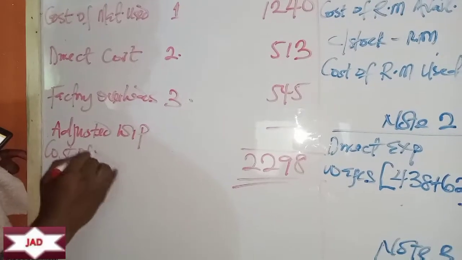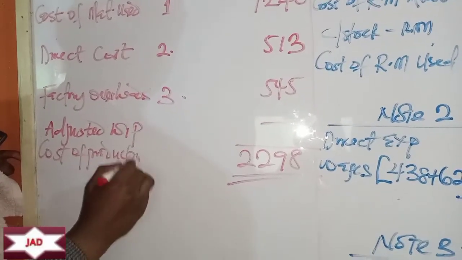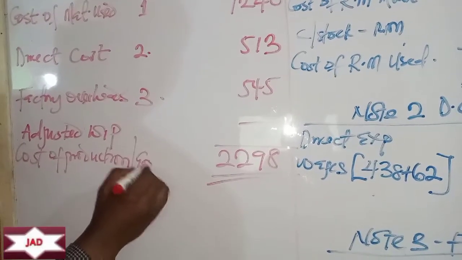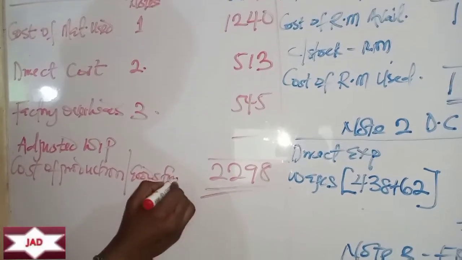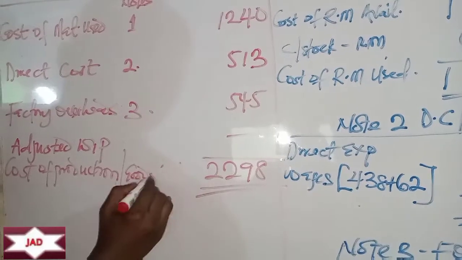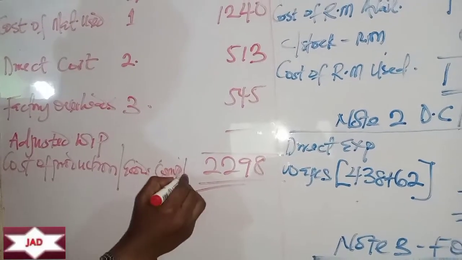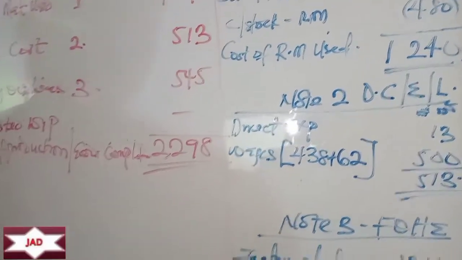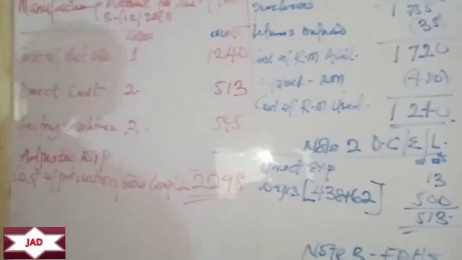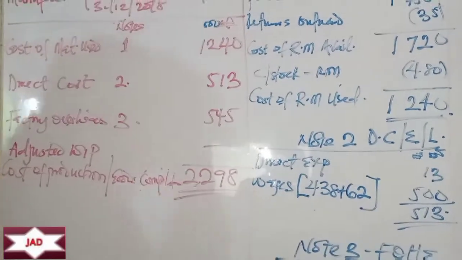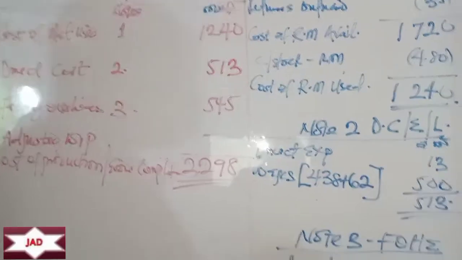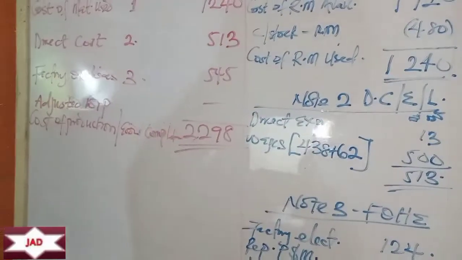So we can call this cost of production, or what some people refer to as cost of goods finished or completed. Let's use completed. So this is 2,298,000. So this is your manufacturing account or production account or production statement, depending on what is being used where you are.